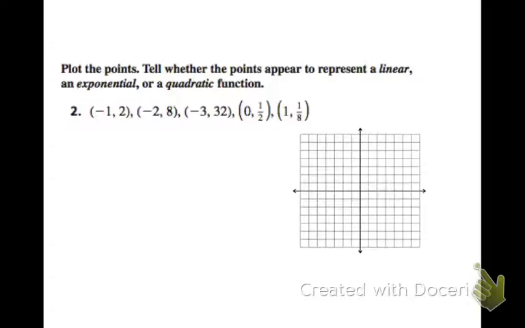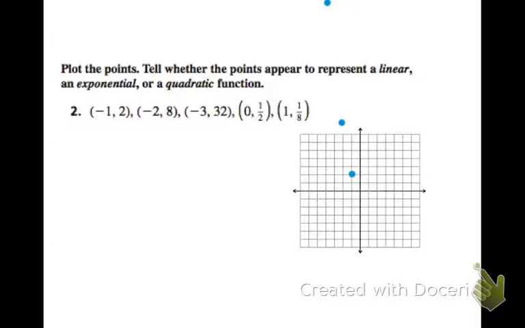I'll go ahead and number them with a 1, even though I can see that there's going to be some large values, but with those fractions, I think it'll be the easiest way. So -1, 2, -2, 8, be about here, -3, 32.